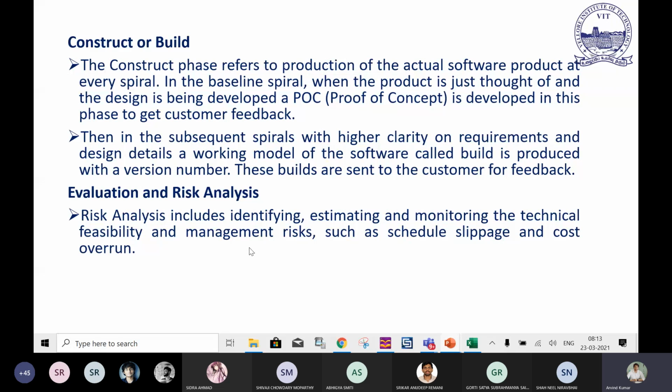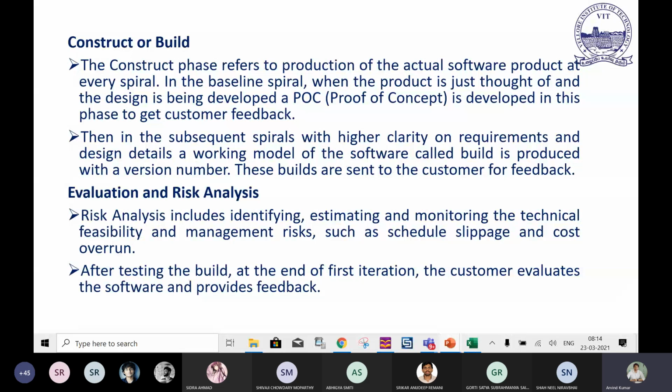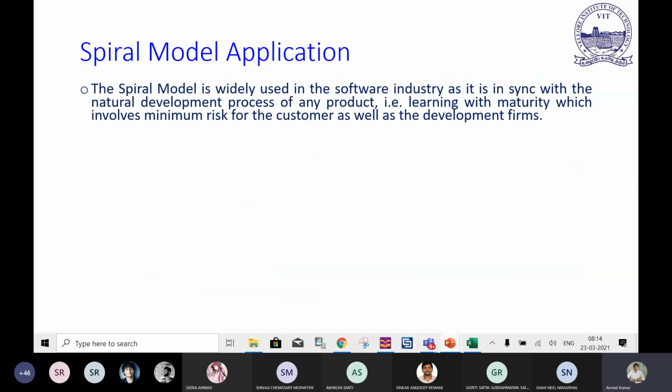Otherwise, you have to make some modifications again and follow the same process. There are many applications of the spiral model widely implemented in the software industry as it is synchronized with the natural development process of any product. Learning with maturity, you can provide a good product which involves minimum risk for the customer as well as development firms.